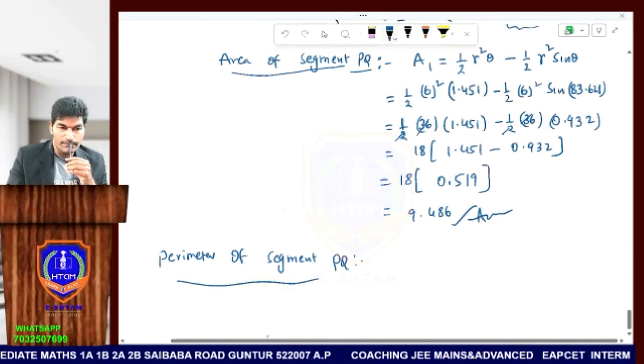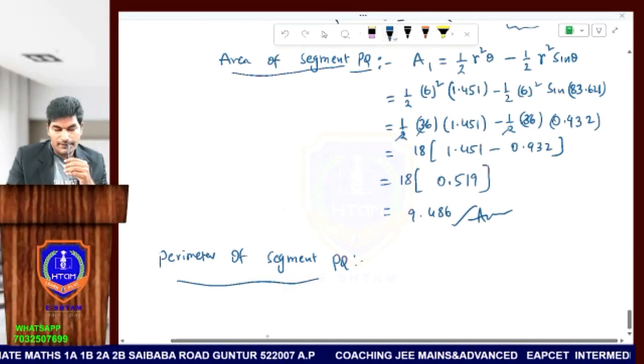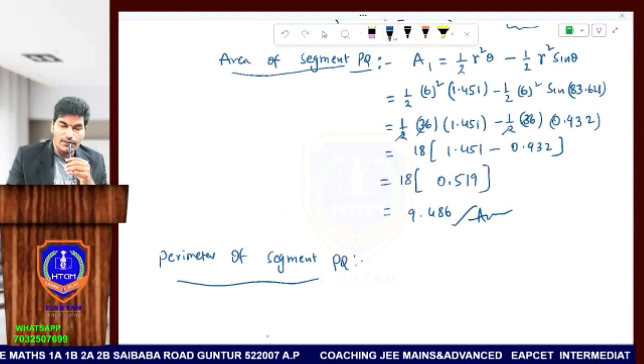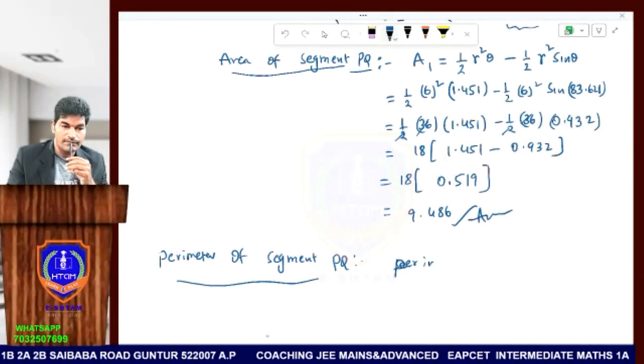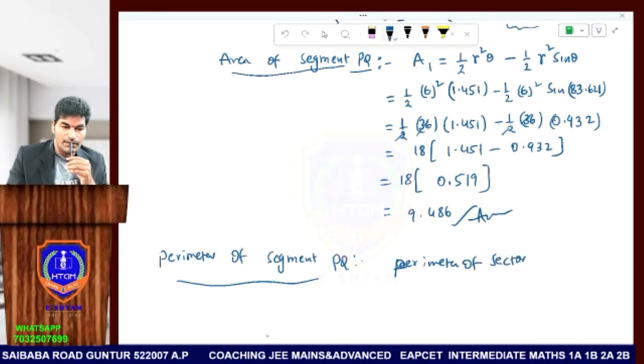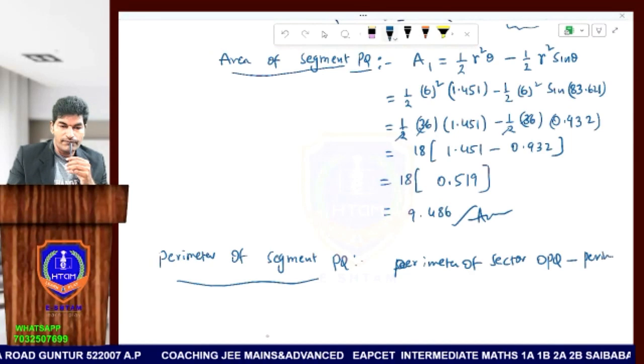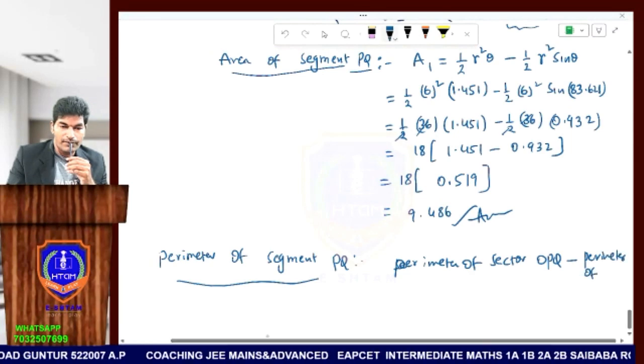The perimeter of the segment is the perimeter of the sector OPQ minus the perimeter of triangle OPQ.